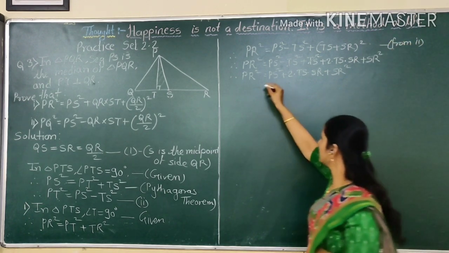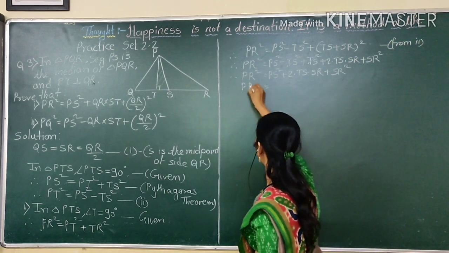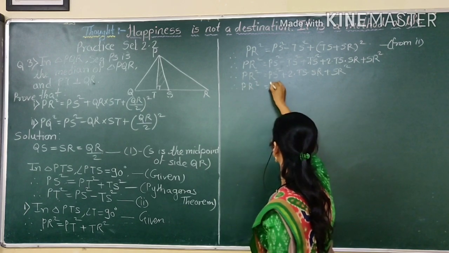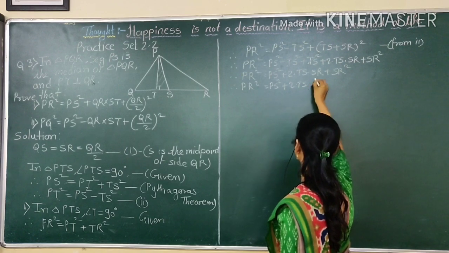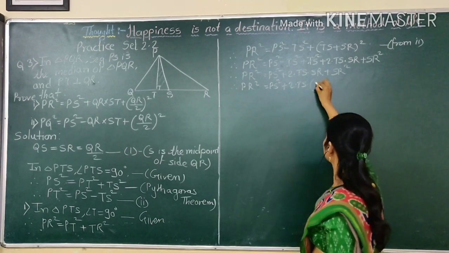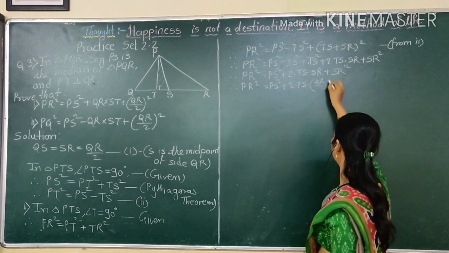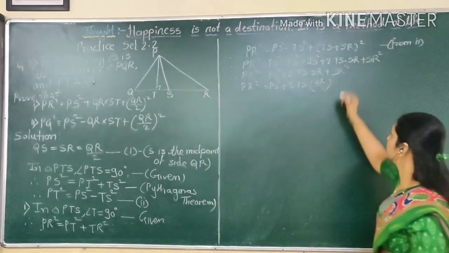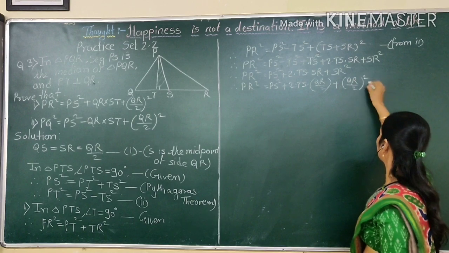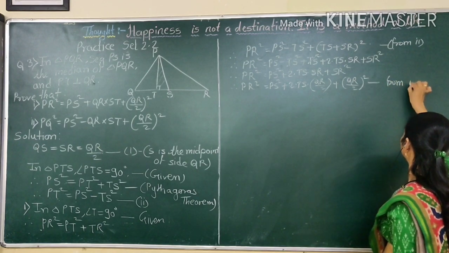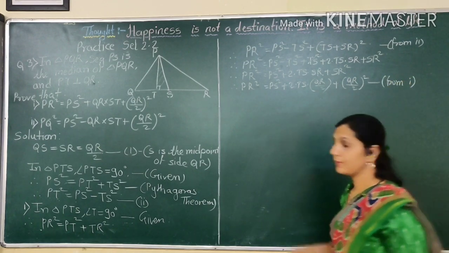We will write from 2. Okay. Now PR square is equal to PS square plus 2 into TS into SR, we can substitute as QR by 2 plus QR by 2 whole bracket square. This is from 1.